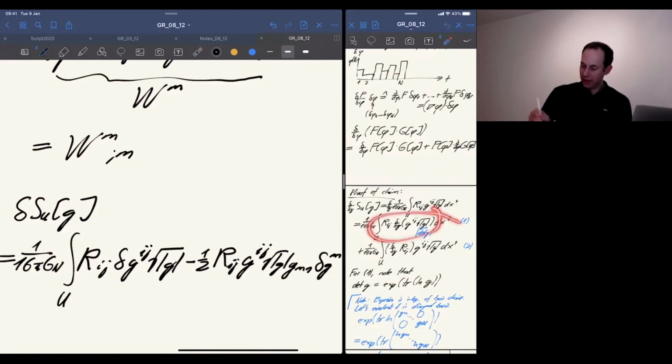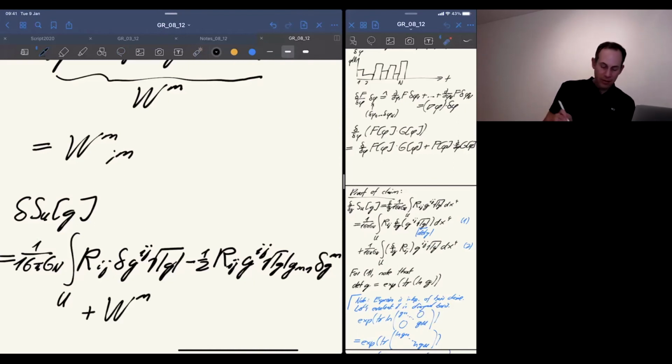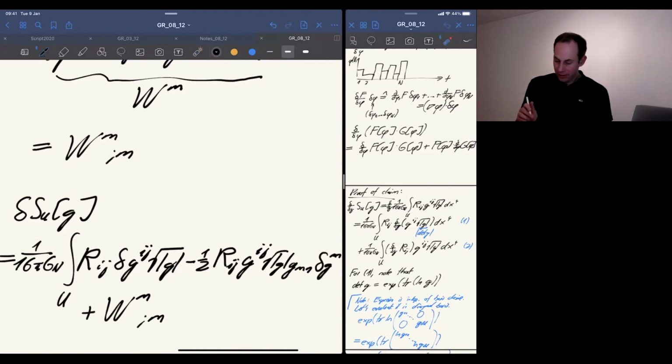Now we still have to take care of the second part. So the second part was also in the integral. So let's suppose the integral continues here, plus, and here we just found that it's essentially this vector W^m, and then the part that we didn't, and that was this thing, and then we still have that little square root of g.